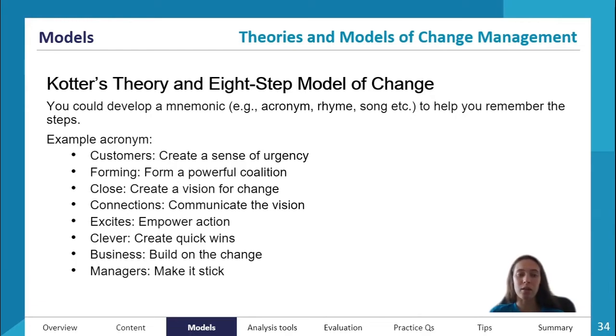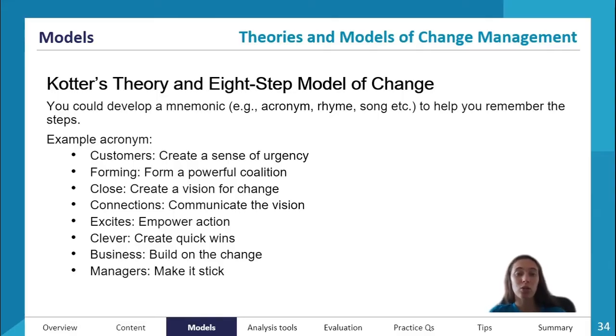Customers is starting with a C, and then we've got create starting with a C, a sense of urgency. Then we've got forming a powerful coalition, creating a vision for change, communicating the vision, empowering action, creating quick wins, building on the change, and making it stick.